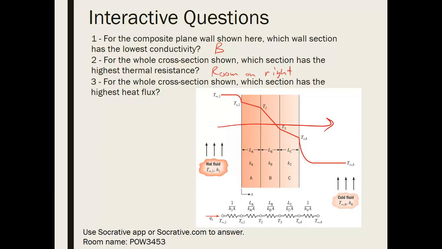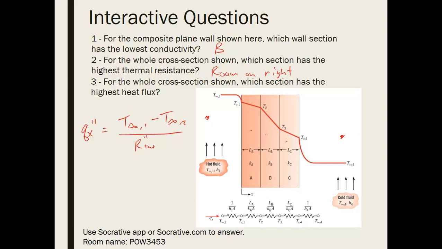This can be a really nice tool. Let's say you know these two temperatures of the room air and you know the thermal conductivities of each of these materials. You can use that fact to get the flux, q_x, equal to T_infinity1 minus T_infinity2 divided by the total thermal resistance.